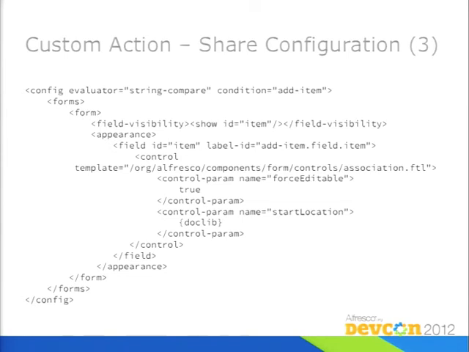I'd actually like to be able to select it. So we've just configured a specific form for this action here. And we've basically overridden the default behavior here, and we're saying we'll use the association component, which is again built in, and that will allow you to actually navigate through the repository so that you can actually select a node ref.